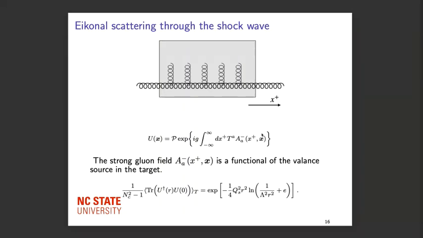This target was modeled in a similar way to an MV model, but with fewer complications. After certain approximations, the only thing we used for the target degrees of freedom is this dipole operator, and the only phenomenological parameter is the saturation momentum of the target.